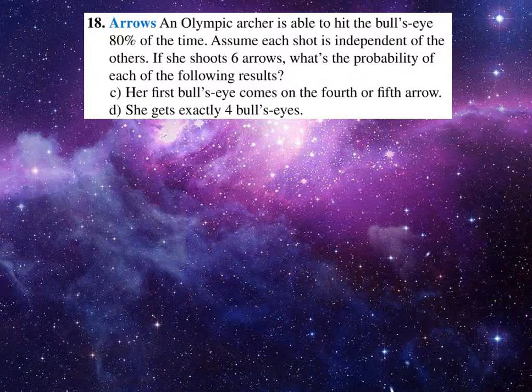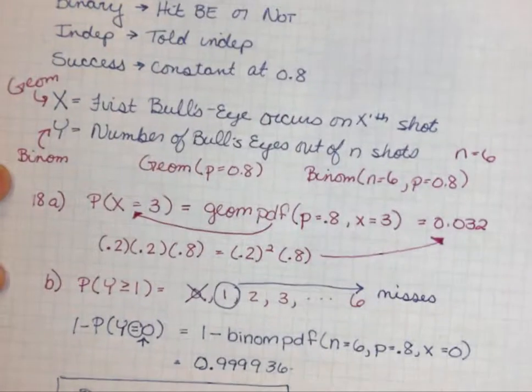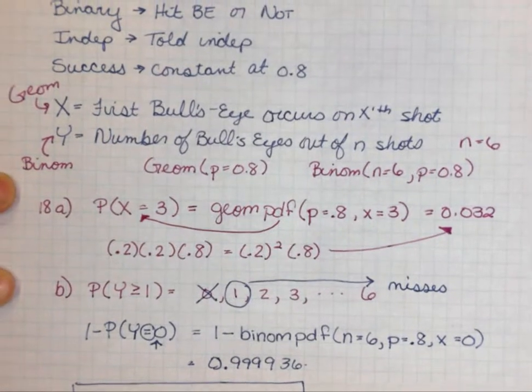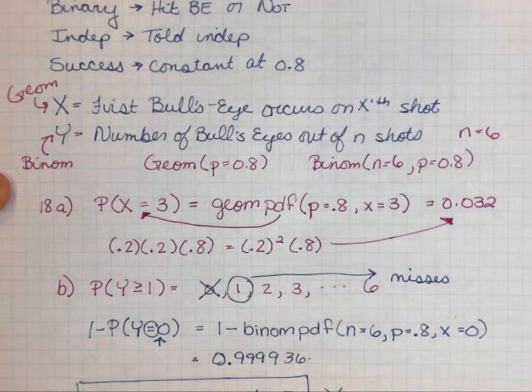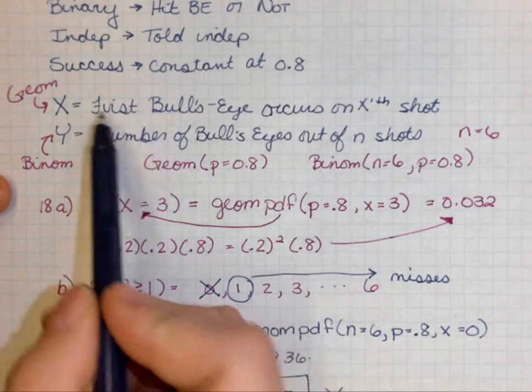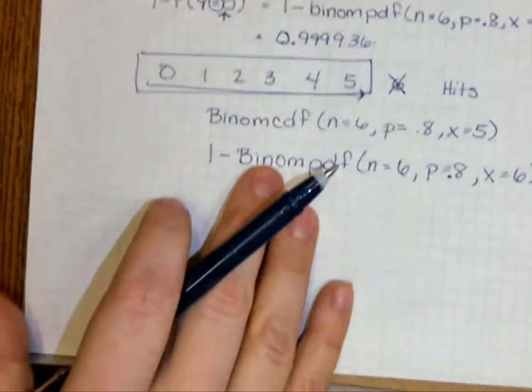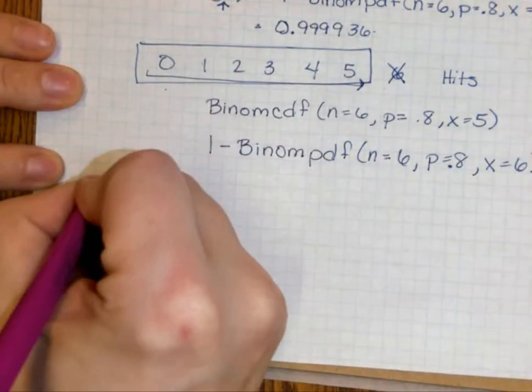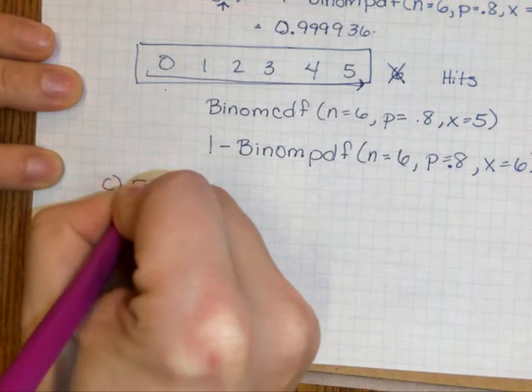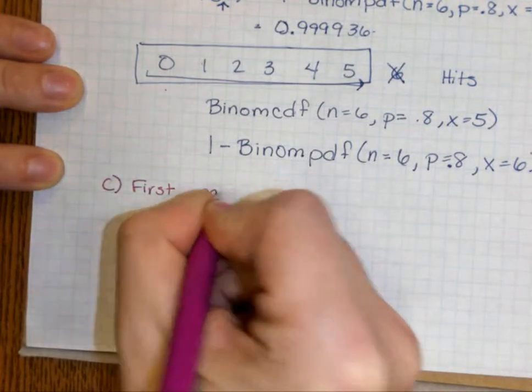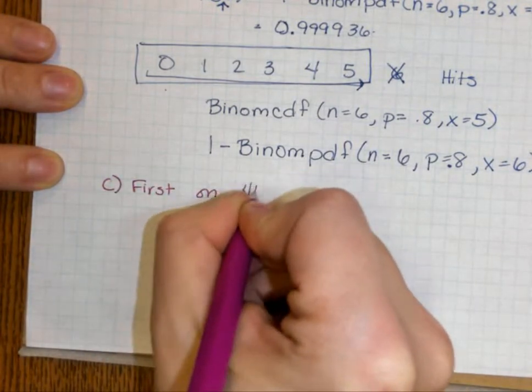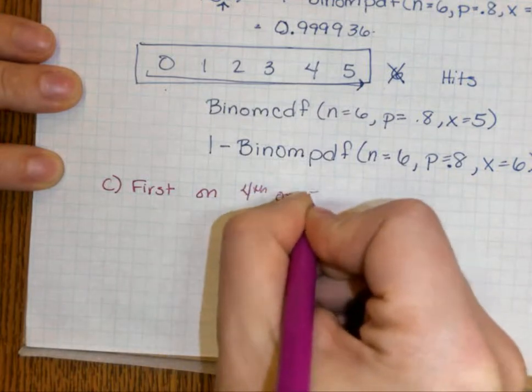So, according to what I had defined, am I going to be using X or Y here? X. Because I'm using the geometric way. For part C, we're saying the first is on the fourth or the fifth.